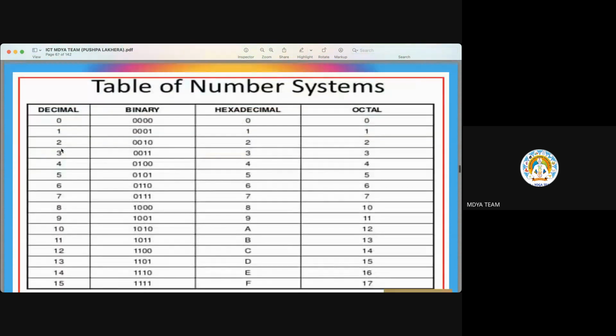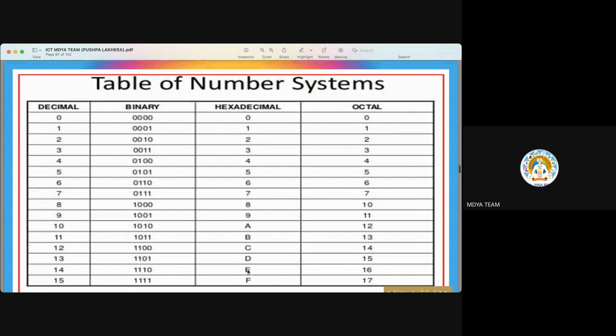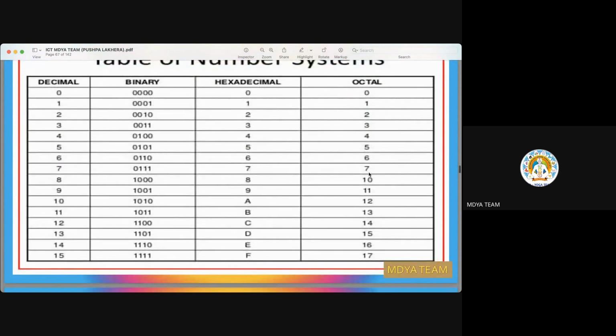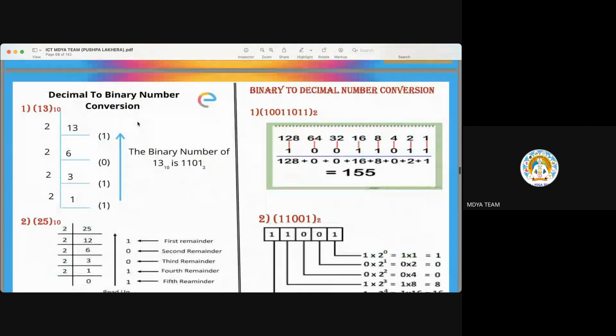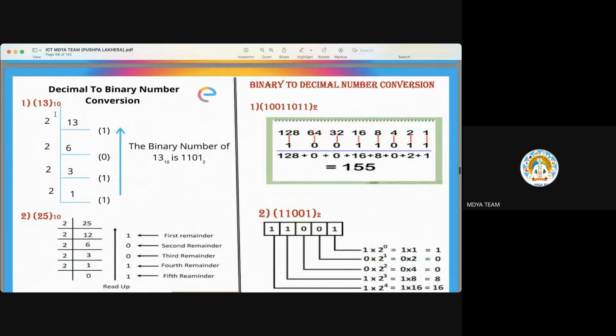Here in hexadecimal, 0 to F, so many denotations. In octal, only 0 to 7, 8 numbers. In decimal, it is 0 to 9, 10 numbers. But in binary, only 2 digits, 0 and 1. Now you have to divide this 13 by 2 because we have to convert this decimal number, of base 10, to binary, which has base 2.